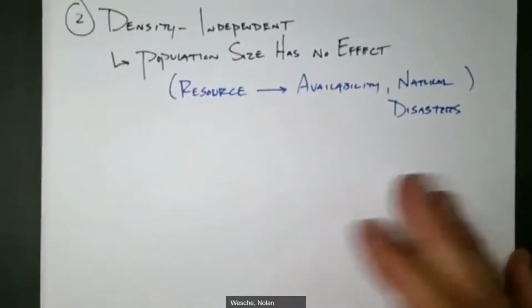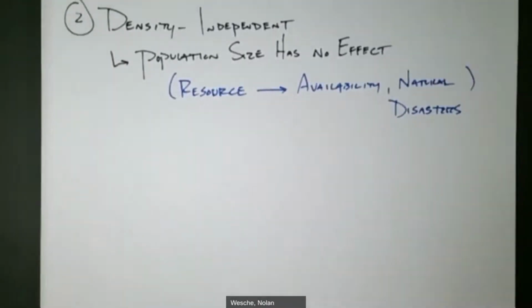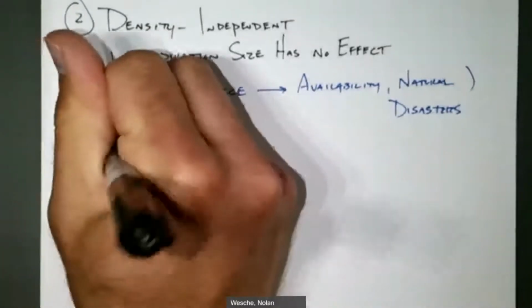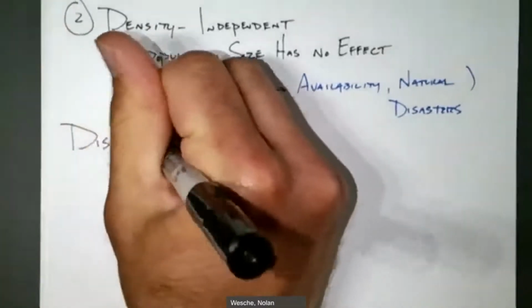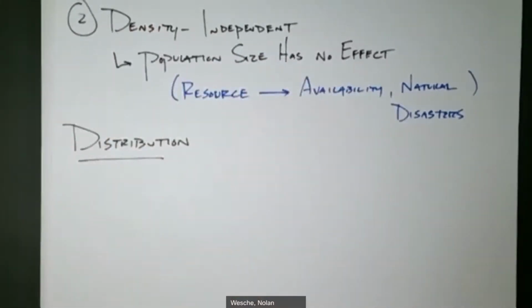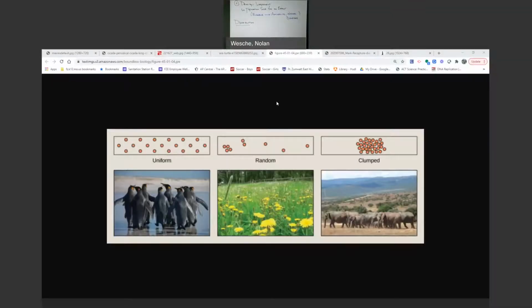Let's talk about distribution. So distribution. Here you're looking at three different ways populations can be distributed.